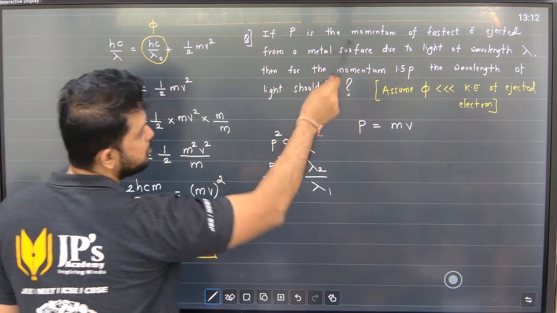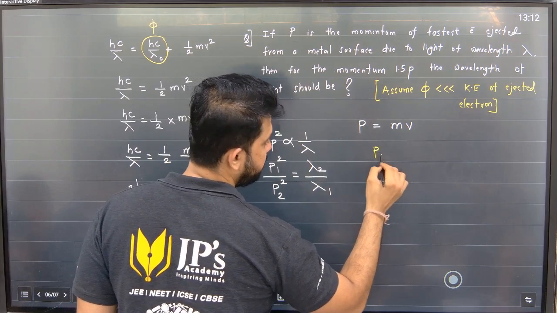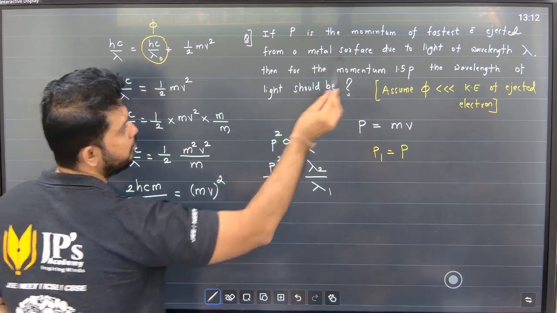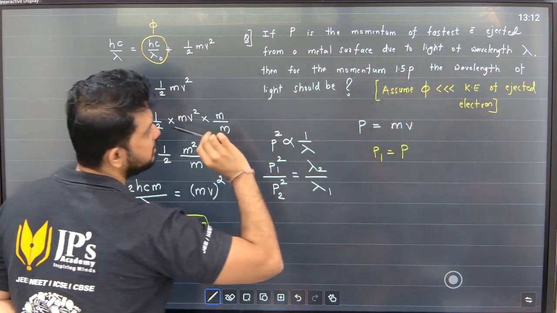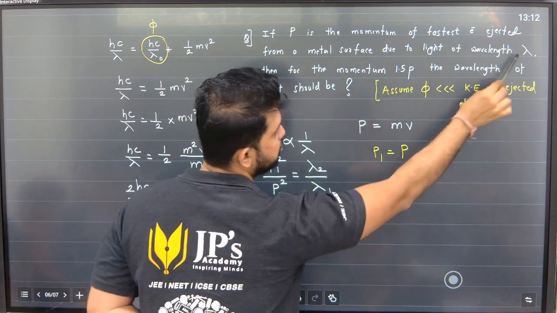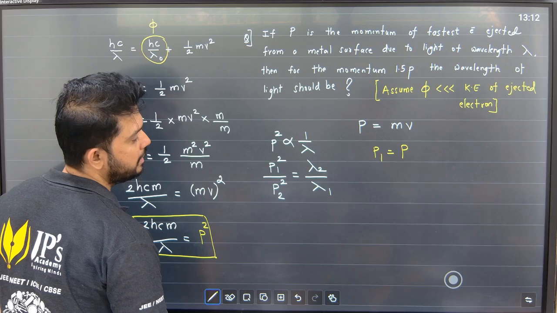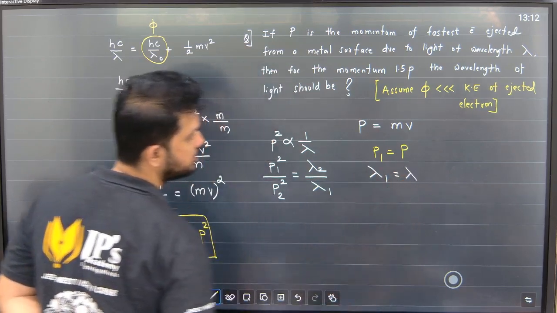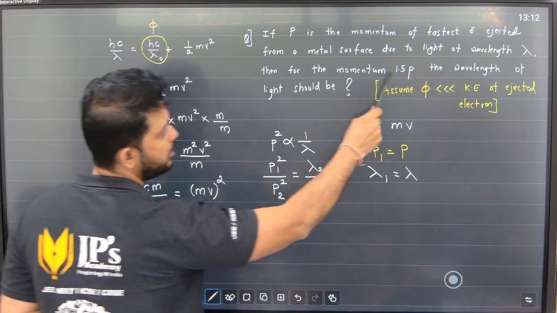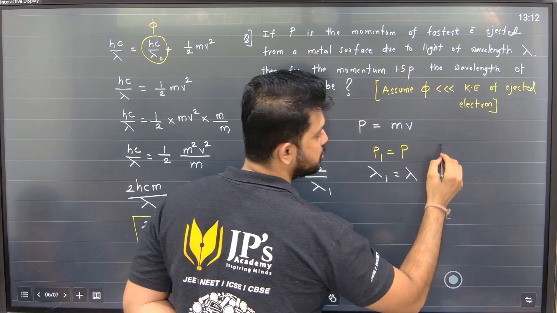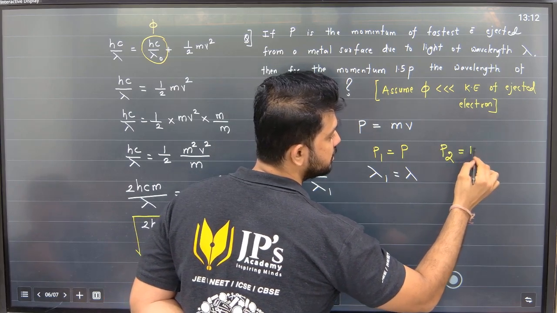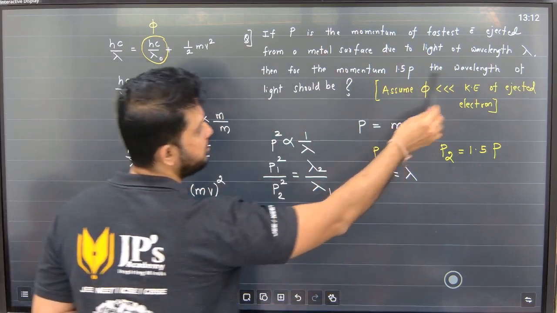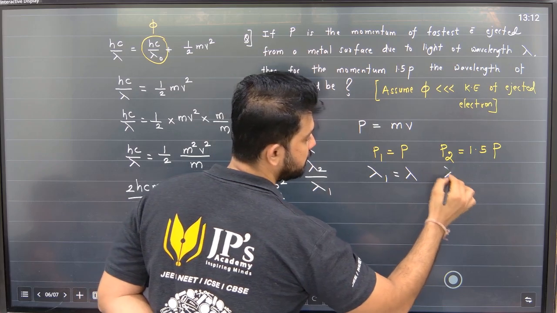If P is the momentum, which means P1 is P, for the fastest electron ejected from a metal surface due to light of wavelength lambda, so I can say lambda 1 was lambda. Then for the momentum 1.5 P, so now P2 is 1.5 times P.